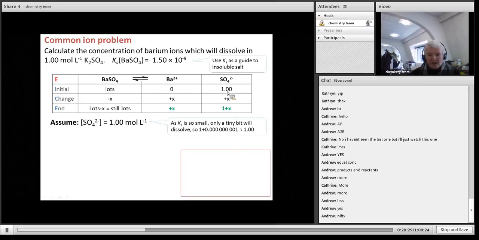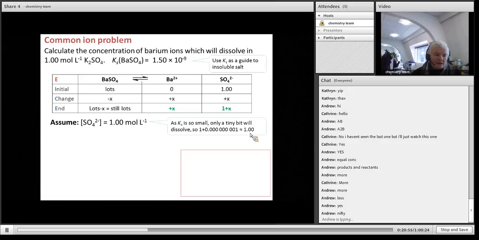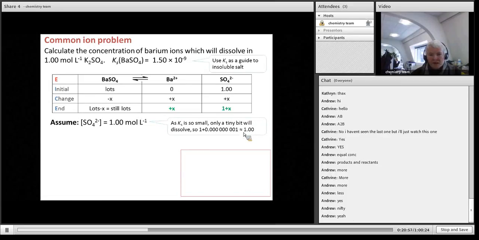In this red square, we calculated the solubility of barium sulfate in pure water, and it's like 1 plus 0.000000001. I hope you can see from significant figures that if I added that up, it's still going to be 1. Do you think my assumption is pretty valid? Yep. Okay, so state your assumption whenever you've worked it out.